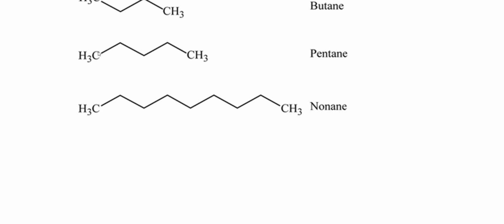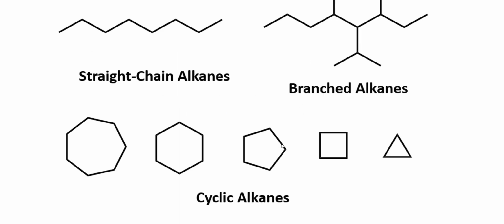This is pentane, 1, 2, 3, 4, 5 atoms of carbon, and here, no name, with 9 atoms of carbon. Also, we have the straight, but also the branched alkanes, where you have branches of alkanes on the sides, and the cyclic alkanes.